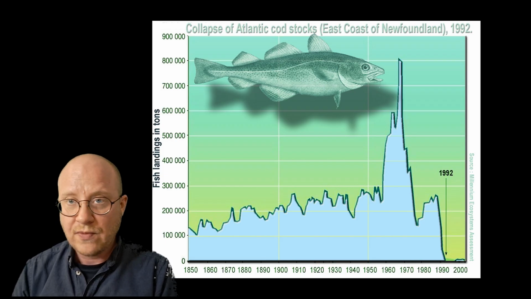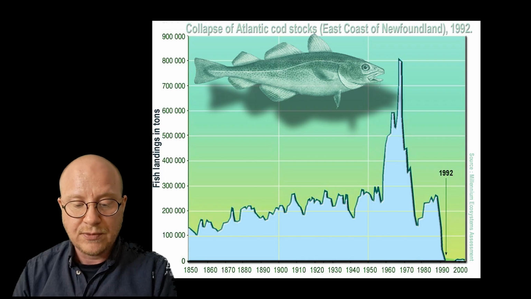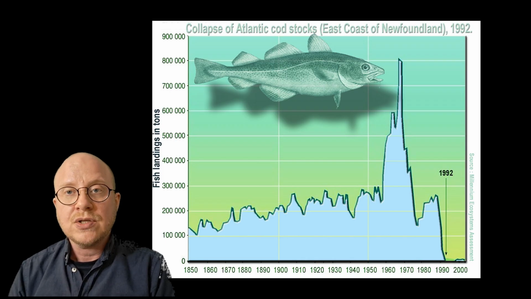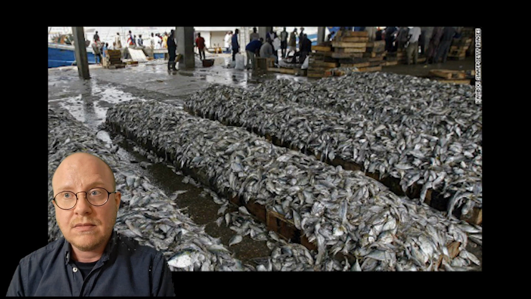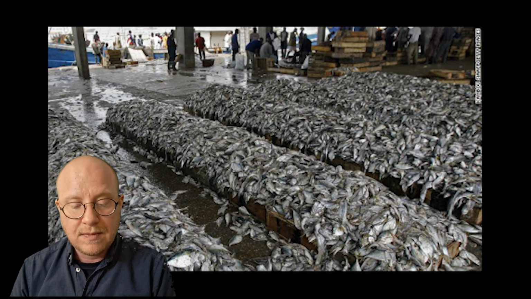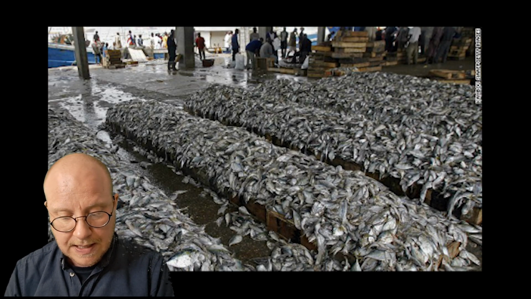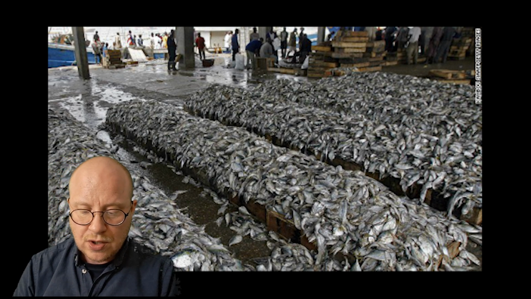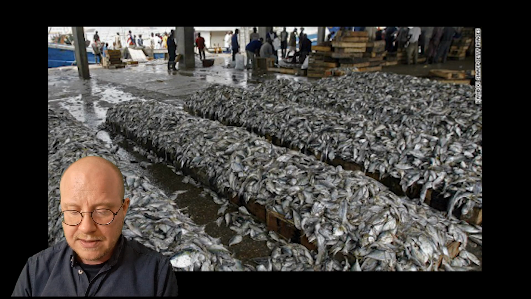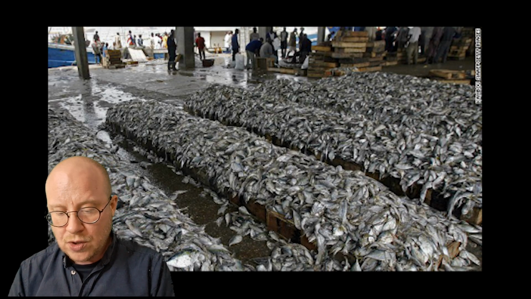Cod were being caught at rates that far exceeded the replenishment of the supplies. So they were being caught faster than they could make new cod babies and grow, right? Grow to adult size. Countries fishing for cod in Newfoundland included France, Germany, Greenland, Portugal, Spain, and the USA.